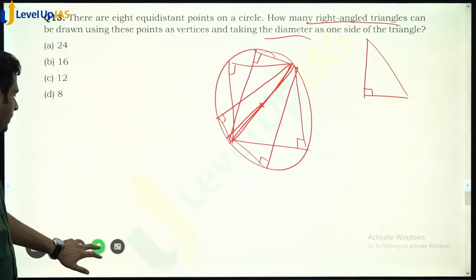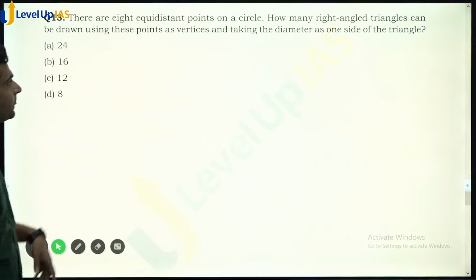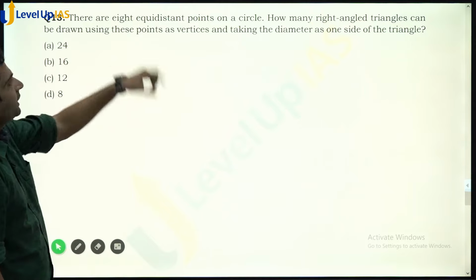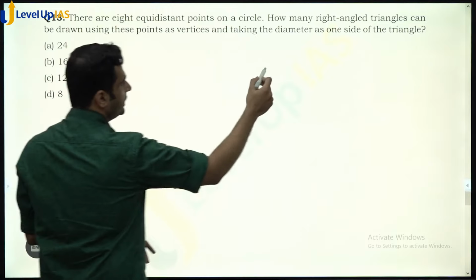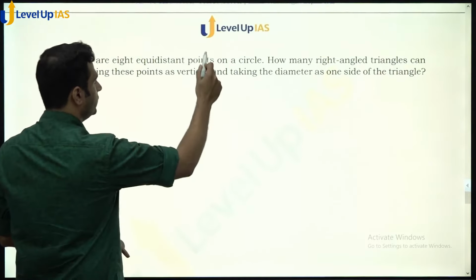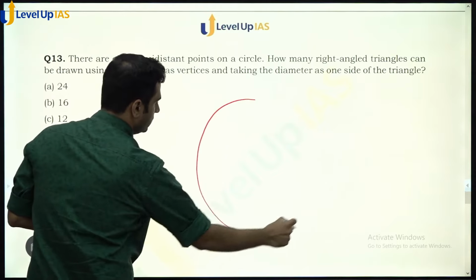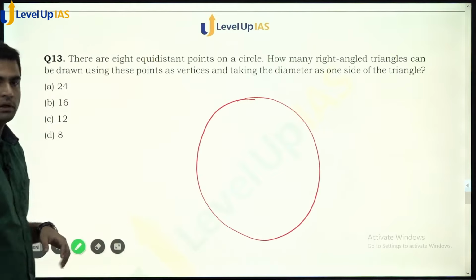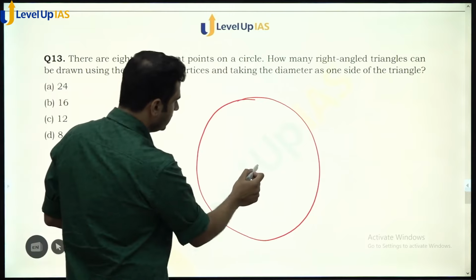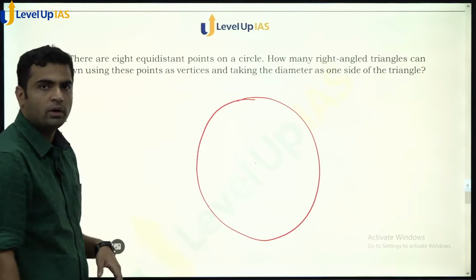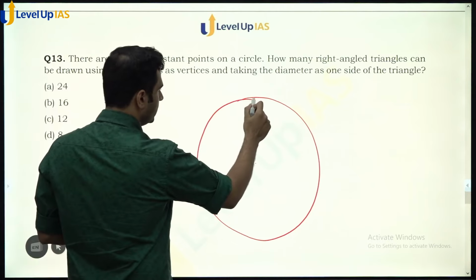Now let us come back to our question. Now there are 8 equidistant points on a circle. So let us draw a circle. I hope that is good enough circle. This is the center of circle. Let us draw 8 equidistant points.